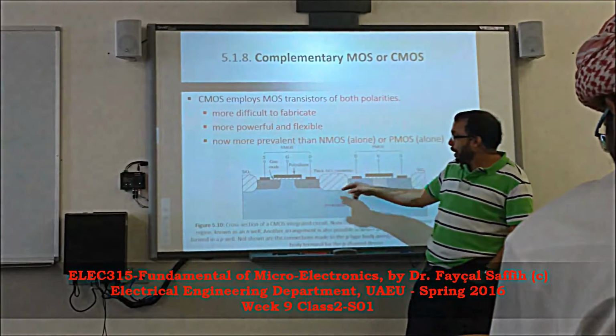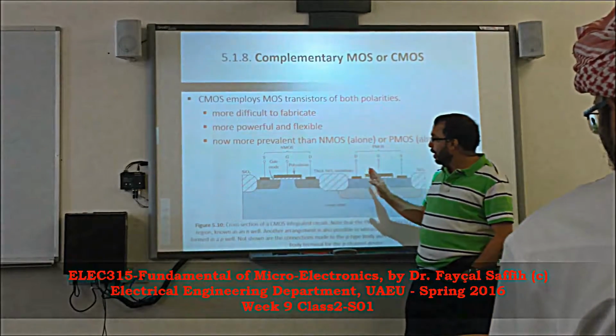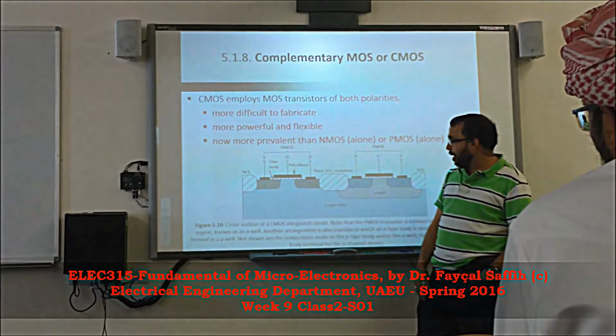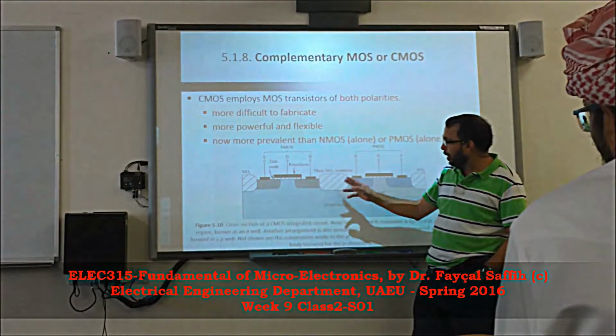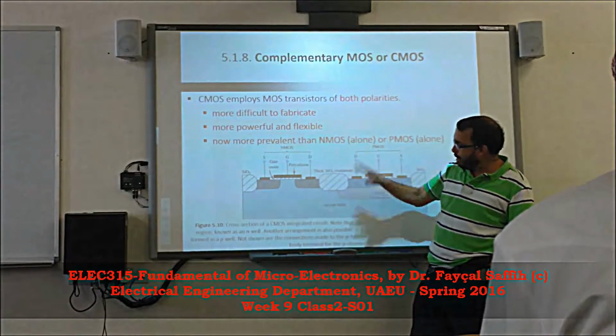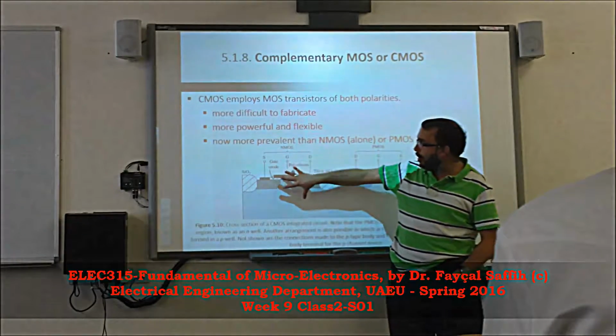Typically we use thick silicon dioxide to isolate the transistors from each other, so that they don't mess up. Because as you can see, there's a diode here. To stop any problem, put an isolator between them. So now, in the same chip, we can have both NMOS and PMOS.